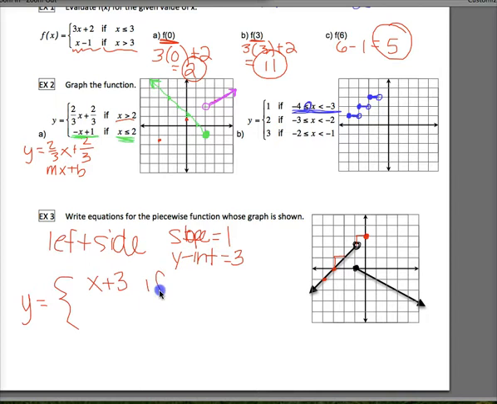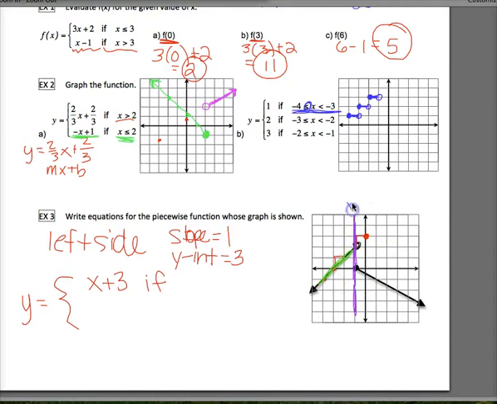Now, sometimes the tricky part for some people is writing that constraint. You have to tell me if x what? What part of it do you have? I call this the breaking point because right there is where it switches from one function to another.